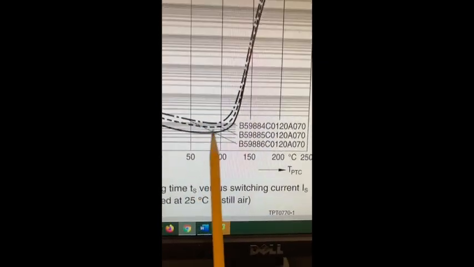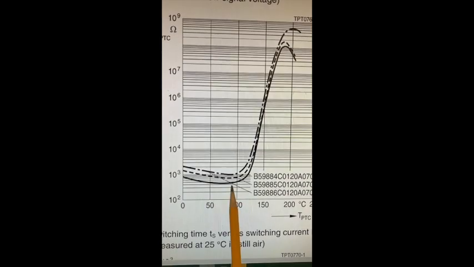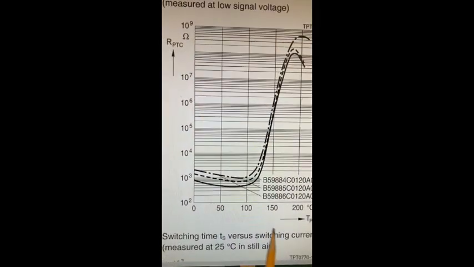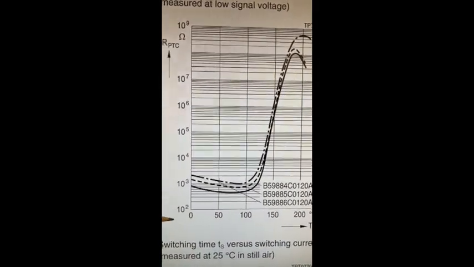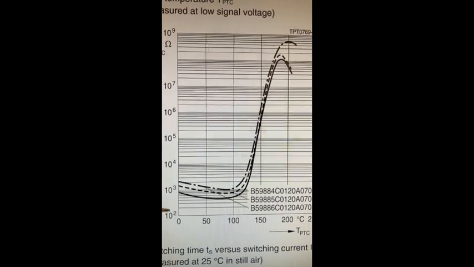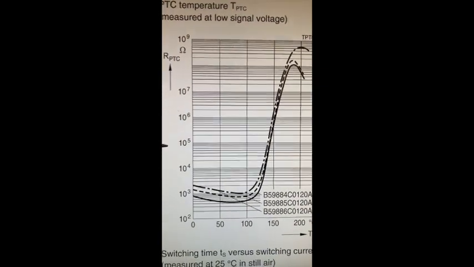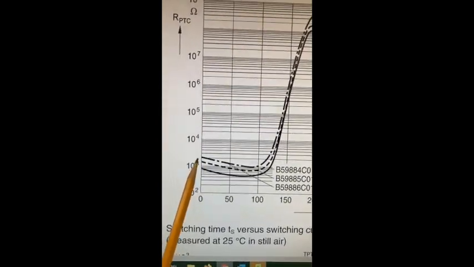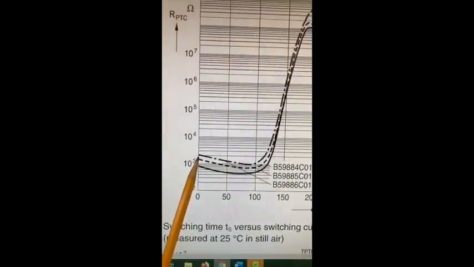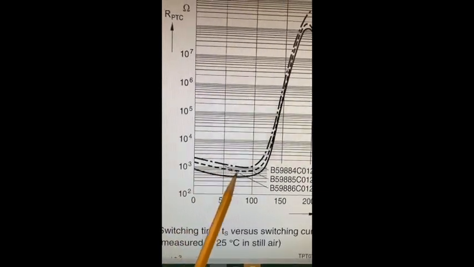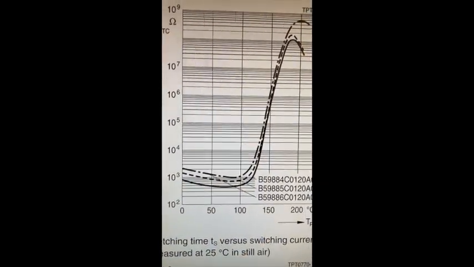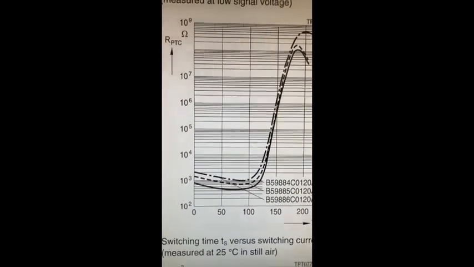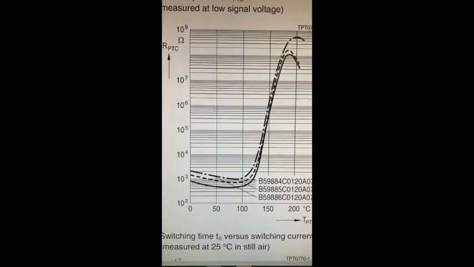This is a classic response for a thermistor. This is a logarithmic scale. Notice the scale goes in factors of 10, so it's 100, 1,000, 10,000, and so on. So it starts at about 2,000 at freezing point, drops, and then rises again. So I have a couple questions related to this on the lab.